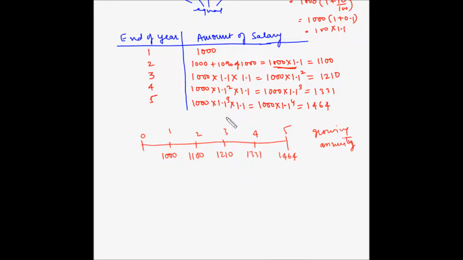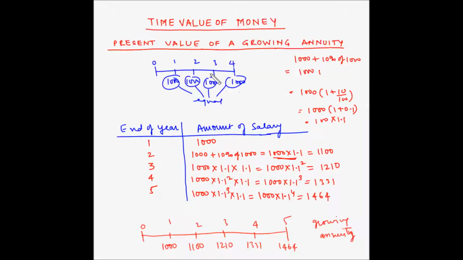Now let's generalize this. So let's say the payment for the first year is represented as A, and the growth rate, that is 10%, is represented by G. So in case of this step here, basically we get A into 1 plus G. So in the first year, the salary is A. In the second year, the salary is A into 1 plus G. So A into 1 plus G, if G is replaced by 10 divided by 100, this becomes 1.1.